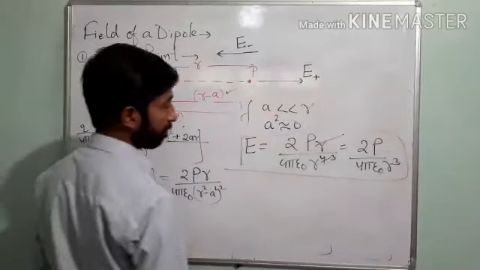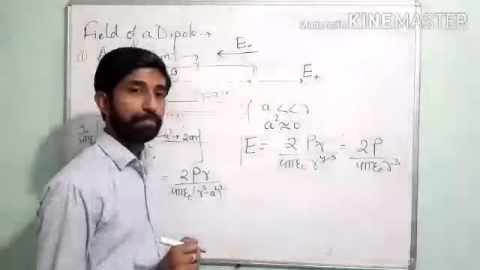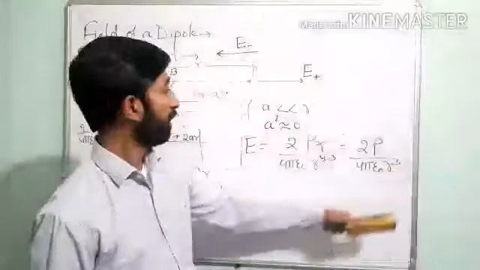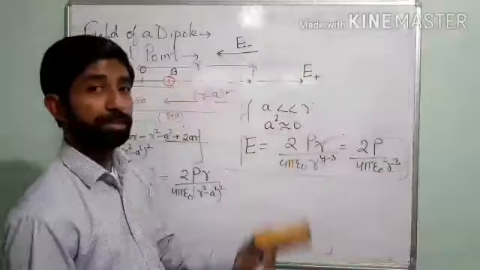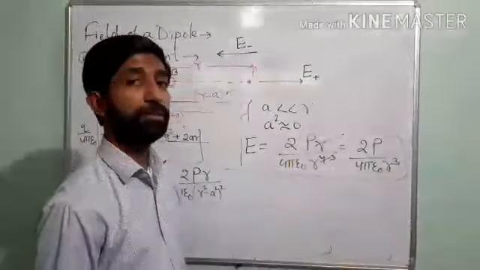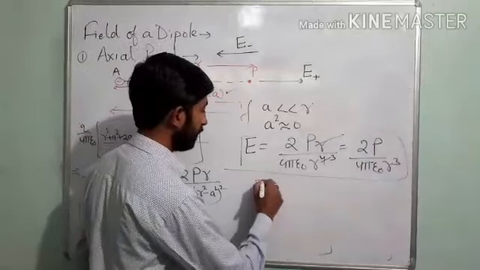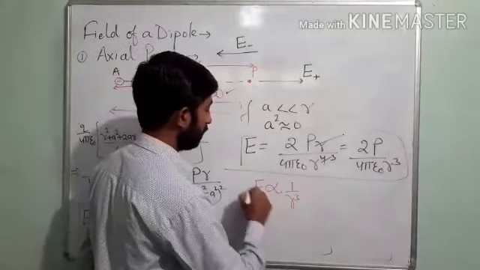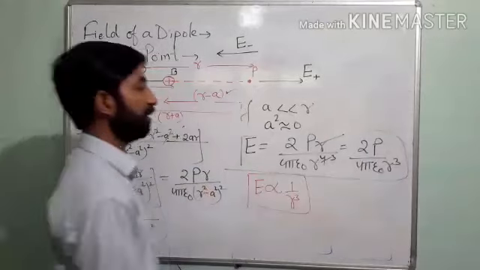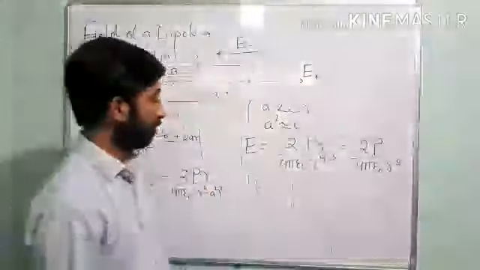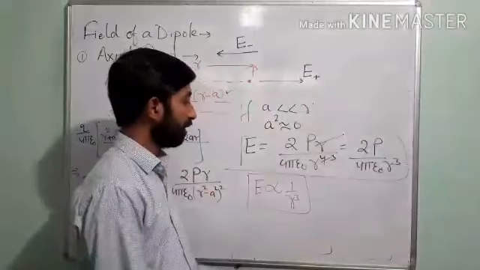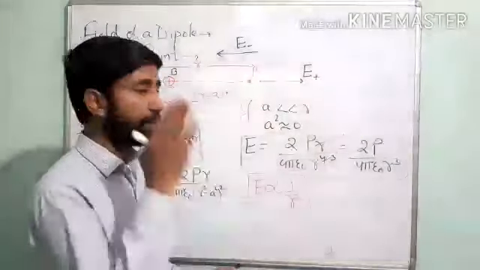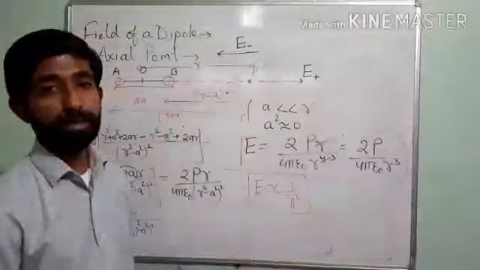Now remember, for a point charge, electric field was proportional to 1 upon R to the power 2, and for a pair of charges, this electric field is proportional to 1 upon R to the power 3. That is, E is proportional to 1 upon R to the power 3. We shall discuss later on how the electric field falls sharply or less sharply for a point charge or a dipole.